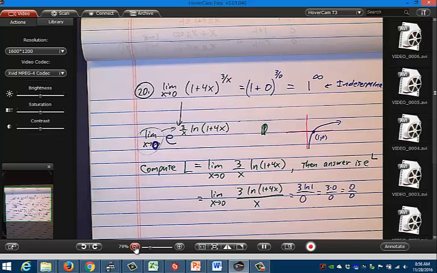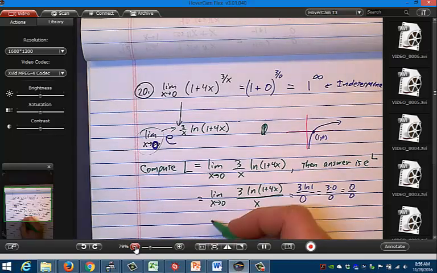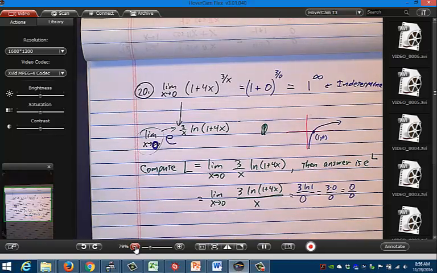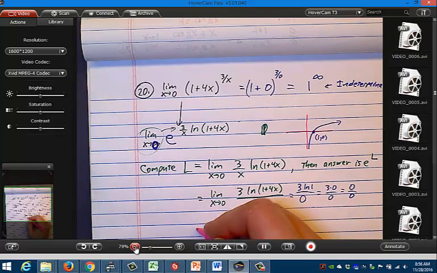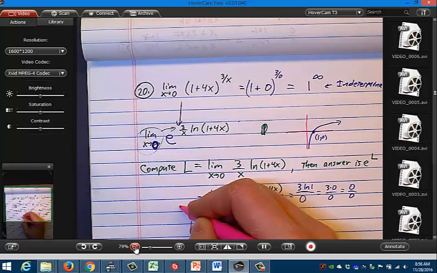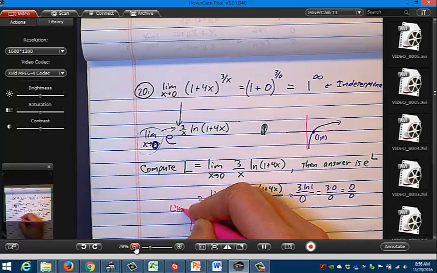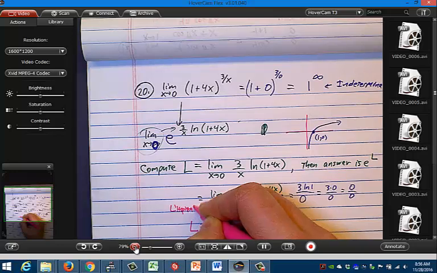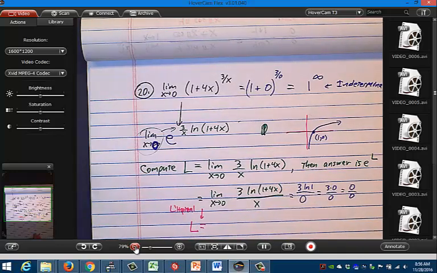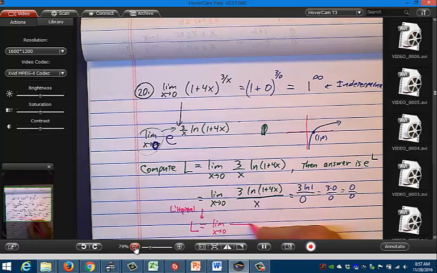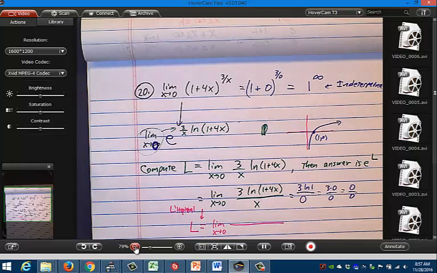So here I go, using L'Hopital's rule. L equals the limit as x approaches 0. And I can tell you L'Hopital's rule will work here, because in the denominator you just get a 1. That's nice.